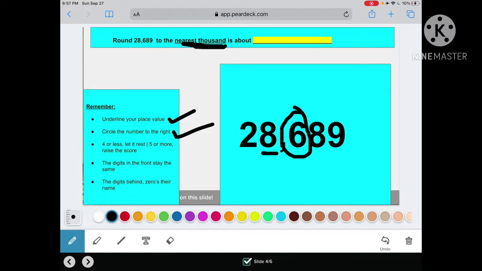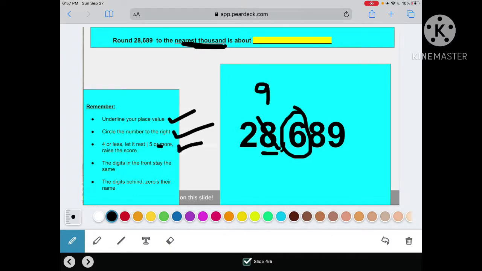So I'm looking at the number 8. I'm looking at this number right here. I want to raise the score, which means I'm simply just adding one more to the number 8. What does that 8 turn into? Good job. It turns into a 9.